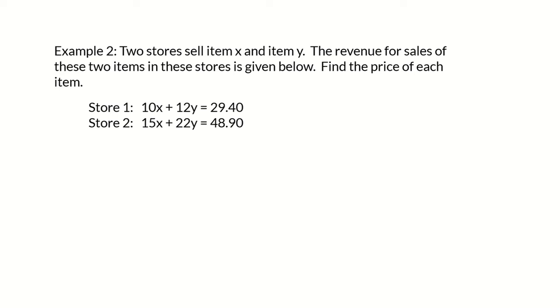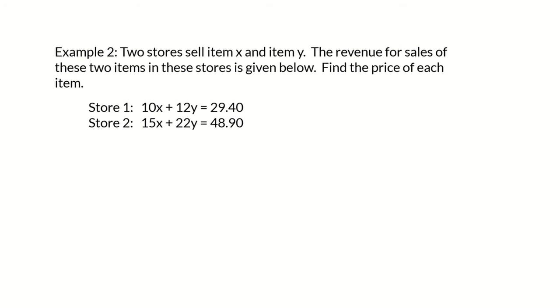So we could solve this by substitution, but let's solve it by elimination. It seems easiest to line up the x's because we could get 30x and negative 30x. So let's multiply the top equation by 3.